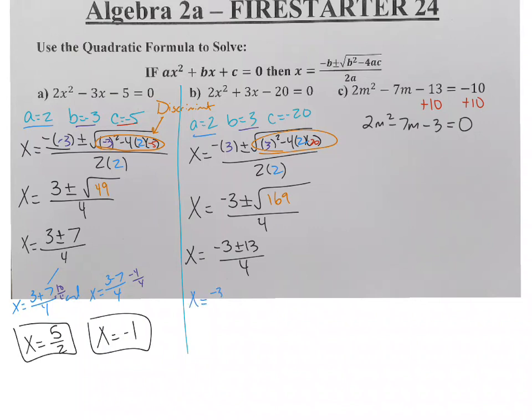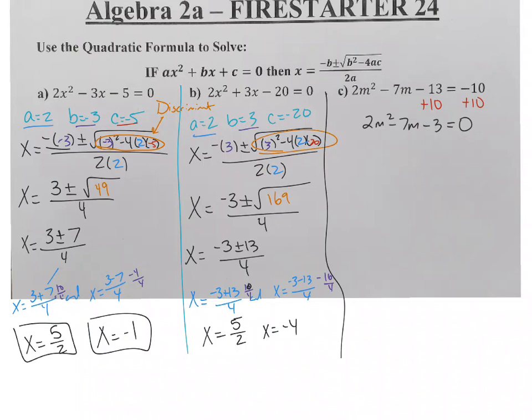So x equals negative 3 plus 13 all over 4 and x equals negative 3 minus 13 all over 4. Negative 3 plus 13 is 10 all over 4. Negative 3 minus 13 is negative 16 all over 4. So my best answers are x equals 5 halves, and x equals negative 4. Done. Last one.